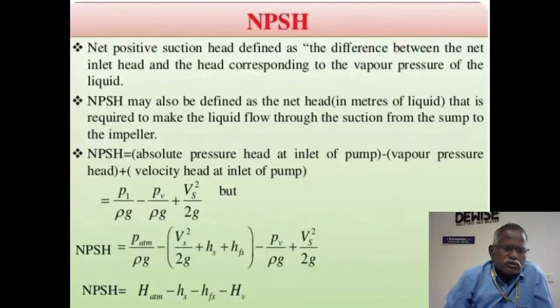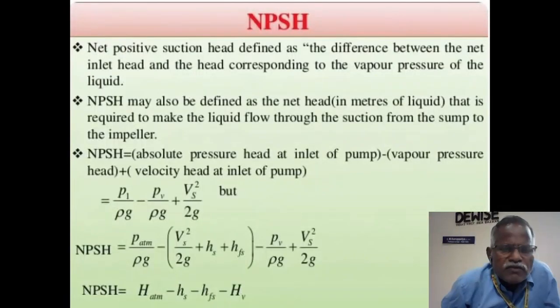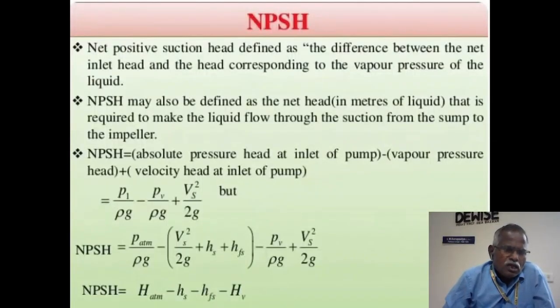NPSH is equal to P atmosphere divided by rho g minus V square by 2g plus Hs plus Hfs minus Pv by rho g plus Vs square divided by 2g. NPSH is equal to H atmosphere, Hs, Hfs minus Hv.